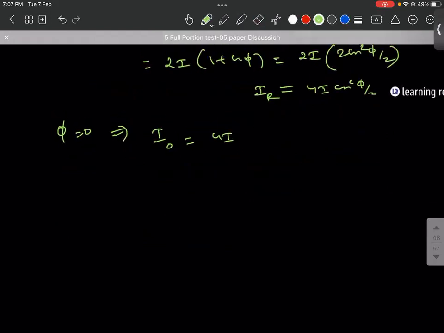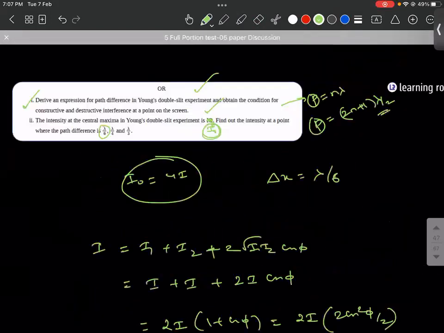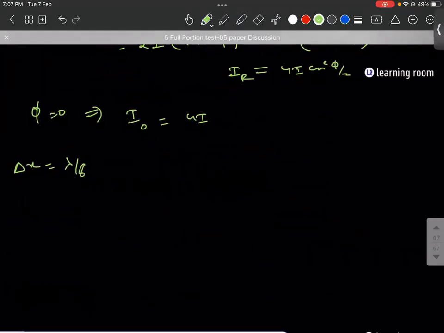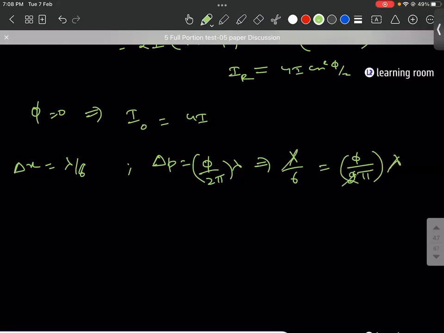When the path difference is lambda by 6, what will be the phase difference? Delta phi is equal to phi divided by 2 pi into lambda. So lambda by 6 is equal to phi divided by 2 pi into lambda. Lambda and lambda get cancelled, so phi will be equal to pi by 3.